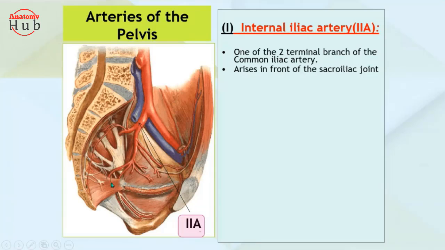So just for your review, let me remind you of the muscles over here. As you know, this is your symphysis pubis over here, and here you'll find the rectus abdominis muscle tendon, just going upward, right?